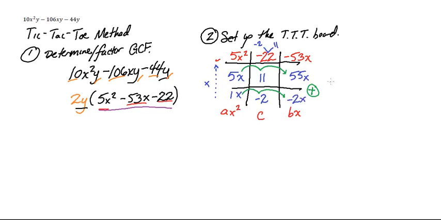I add these together, 55x minus 2x, is 53x, but I want negative 53x.